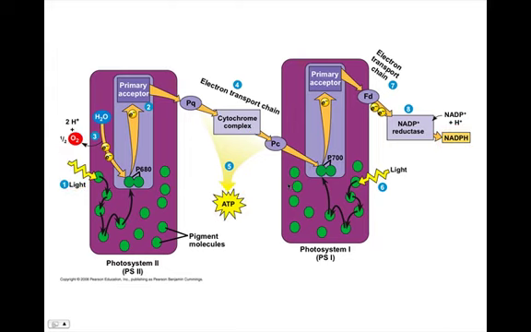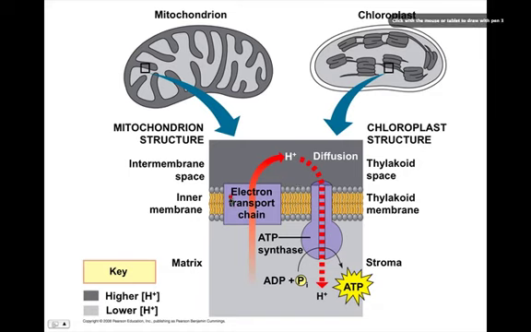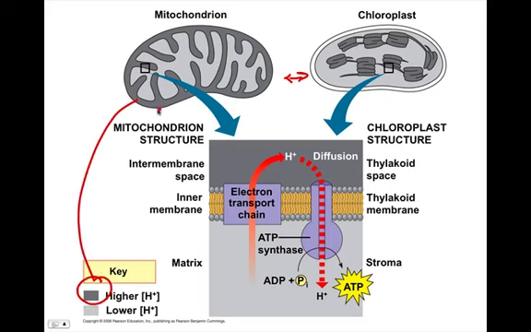The next thing to mention is this idea that we already talked about a little bit, some of the parallels in the story of the light reactions and the story of cellular respiration in the mitochondria. What's shown in dark here is these spaces that become very acidic as the result of electron transport.